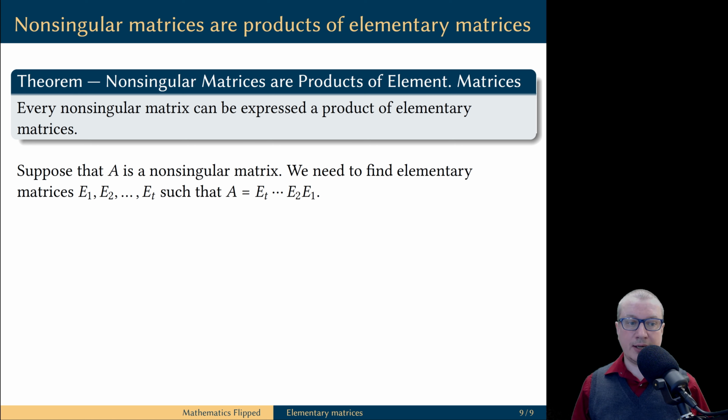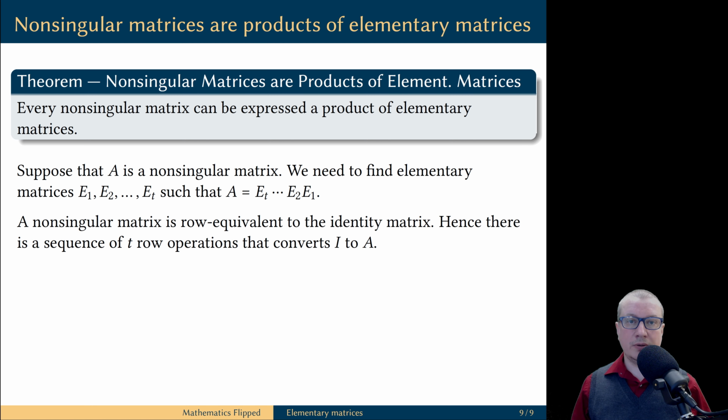We need to find a list of elementary matrices, let's say E1, E2 through Et, such that A is the product of these elementary matrices. We know that each non-singular matrix can be row reduced to the identity matrix. Because each row operation is reversible, this also means that there is a sequence of row operations that transforms the identity matrix into the matrix A.